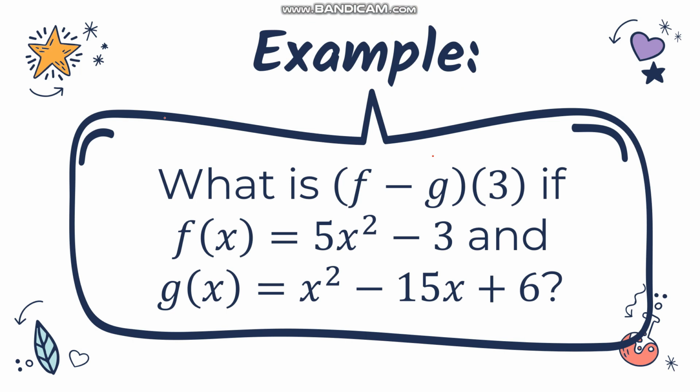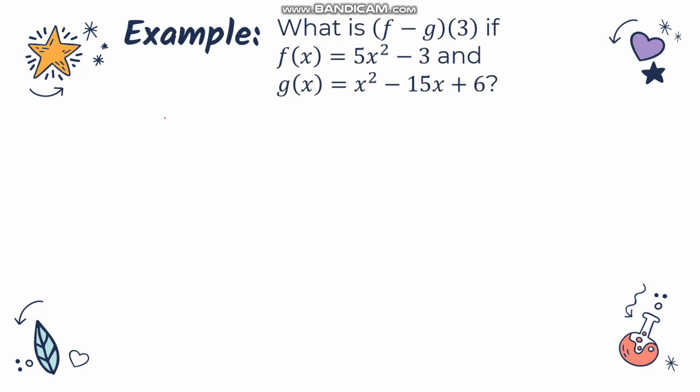For our last example, what is f minus g of 3 if f of x equals 5x squared minus 3 and g of x equals x squared minus 15x plus 6? Okay, so let's try to use the first method. So we have f minus g of x, then subtract f of x and g of x.